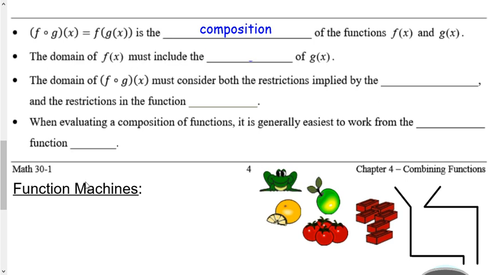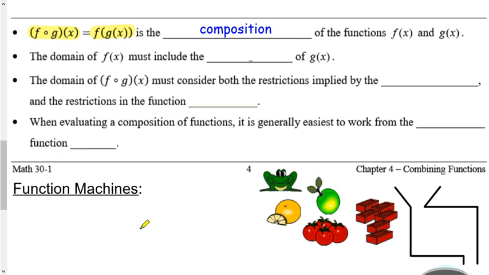And you'll notice here that there's this different notation used here. So again, just like when we were adding, subtracting, multiplying, dividing, there was a special notation. This f with a little circle and then a g in brackets, all of x, it means f of g of x. There's no mathematical operation in between. It's just defined to be the same thing.